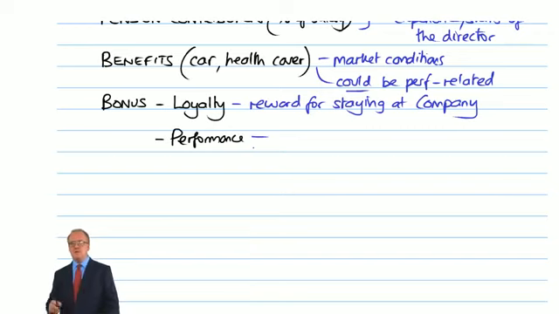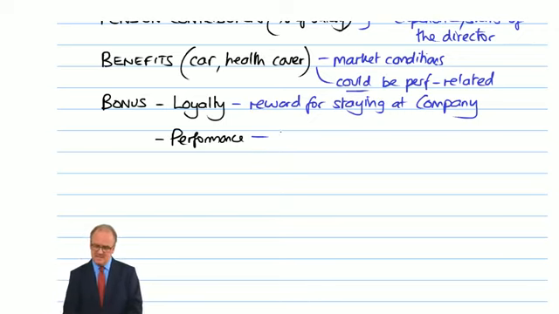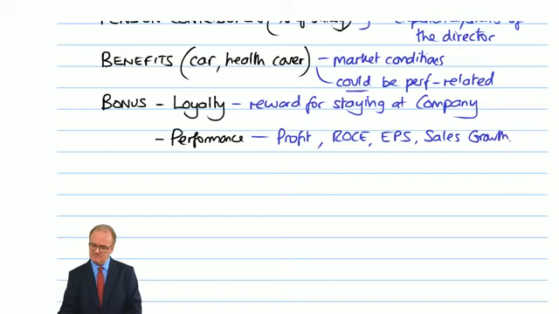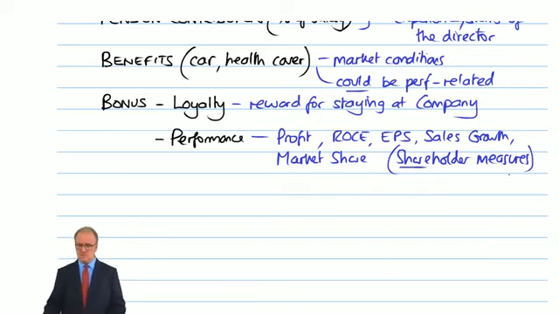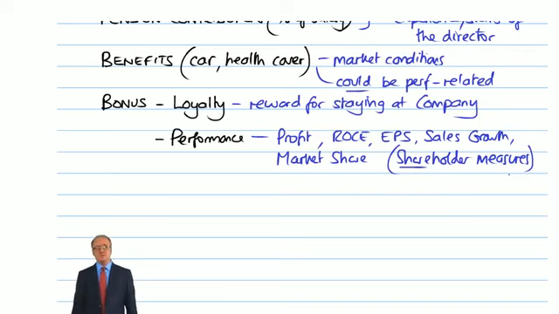If you are trying to align your directors' performance with what shareholders want, it's likely to be based on things like profit, return on capital employed, earnings per share, sales growth maybe, market share, but it doesn't have to be those things.